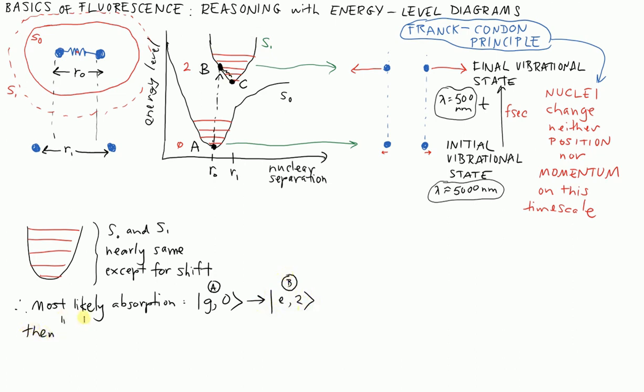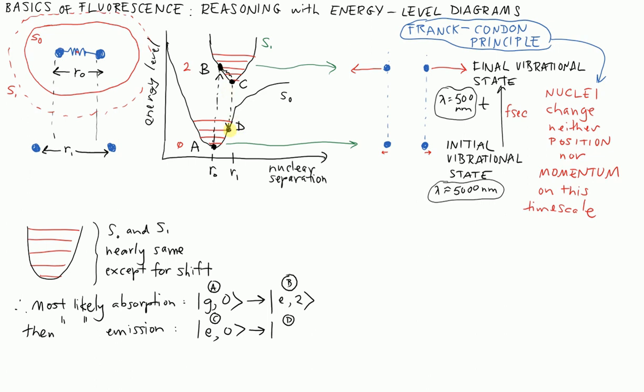the most likely emission event, that's what we're going to call our fluorescent photon, is the reverse. You notice that state C, we could write here as being in the excited electronic state, but in level 0 vibrationally. The most probable thing that's going to happen from there turns out to be that we'll go to a state D, which is right here, straight down.